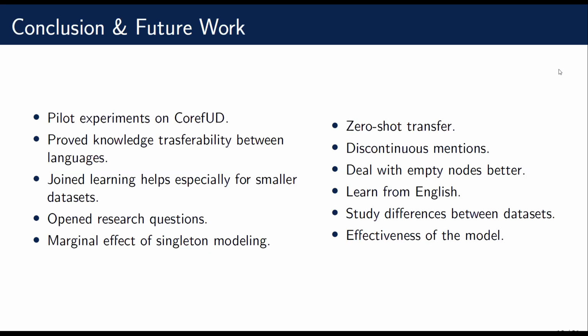We want to improve the empty nodes, like predict the empty nodes. We also can include other big monolingual, English language datasets, and try to gain some knowledge and data from these datasets that are not part of CorefUD.